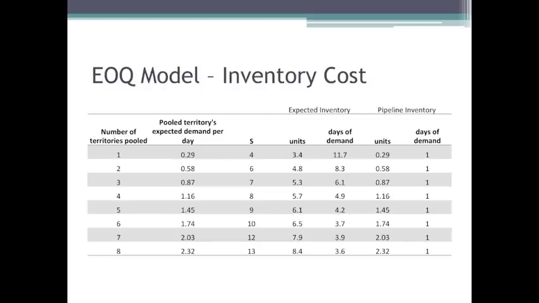So we continue to serve the customer in the same way, but we have far less inventory and thus far less inventory costs. In this case, we've cut our inventory almost in half just by consolidating these 3 locations into one.